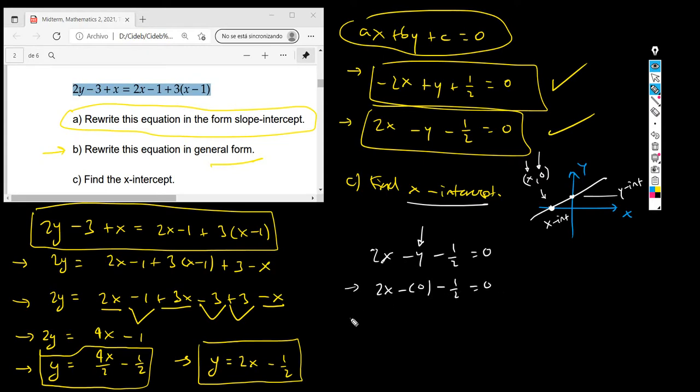Let's solve the equation now. 2x equals 1/2, x equals 1/4. I'm not gonna go into the details of the algebra. X equals 1/4. That's it. So that is this particular coordinate, and thus this is the x-intercept.